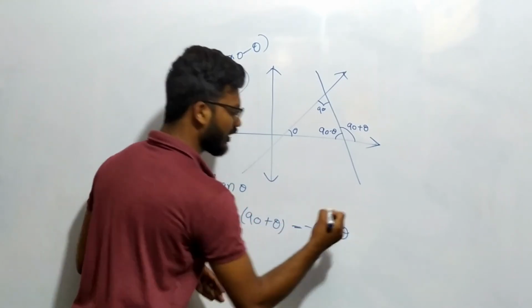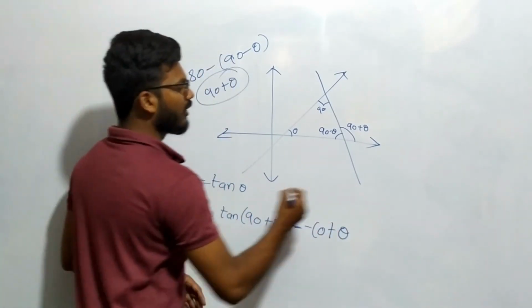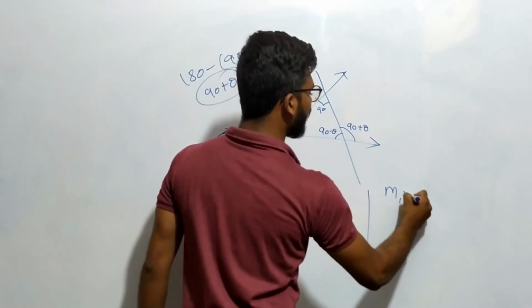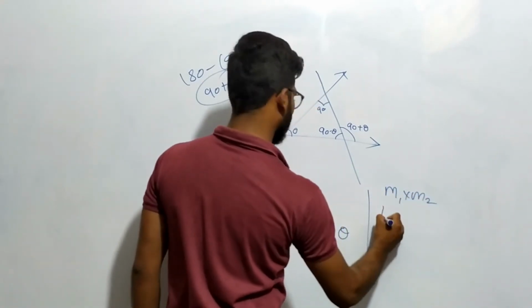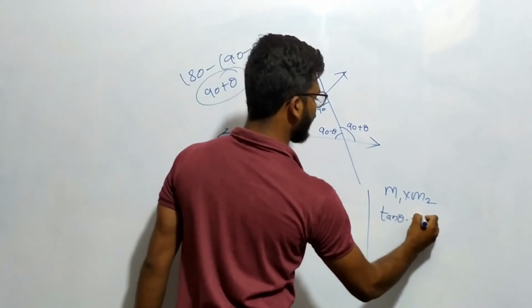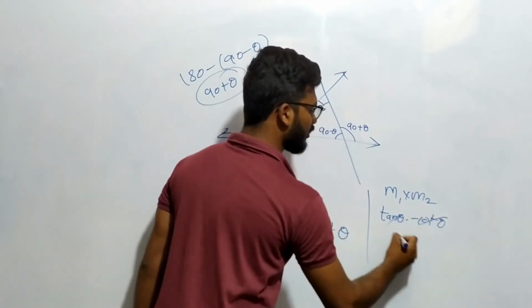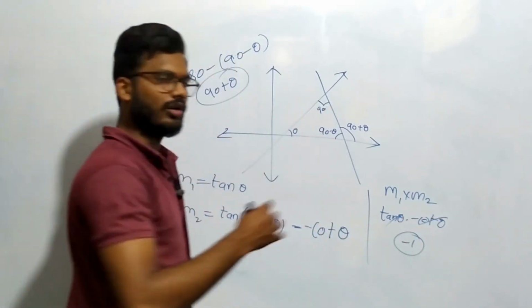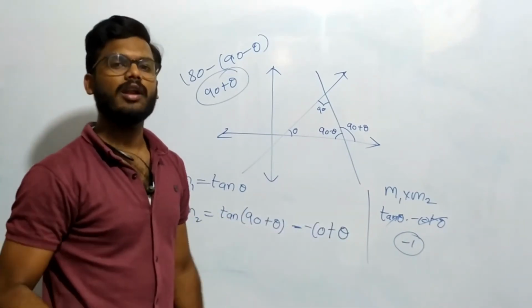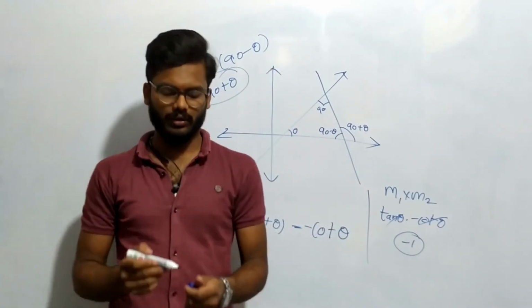So you get minus cot theta. Here the slopes are m1 and m2. If you find the product, tan theta into minus cot theta, and tan into cot is 1, so the product of the slopes is minus 1. This is the condition when two lines are perpendicular to each other.